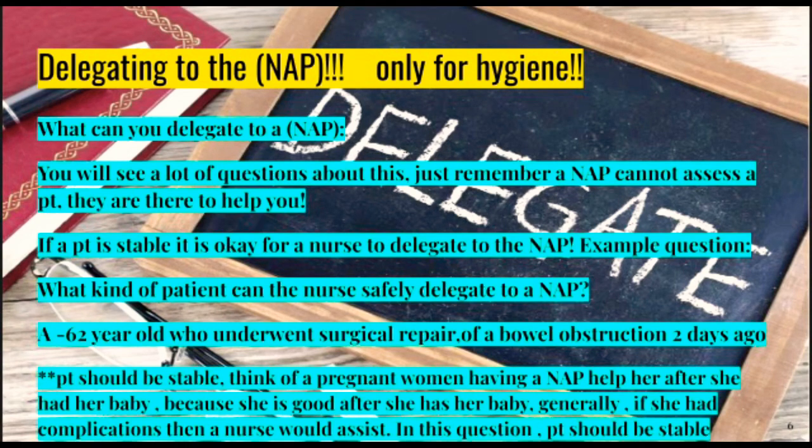But me, I was literally there forever due to the complications. So a NAP would not have been able to help me, but with my sister it would have been able to help her because she was good to go. So that's what they're there for. They're there to help out.